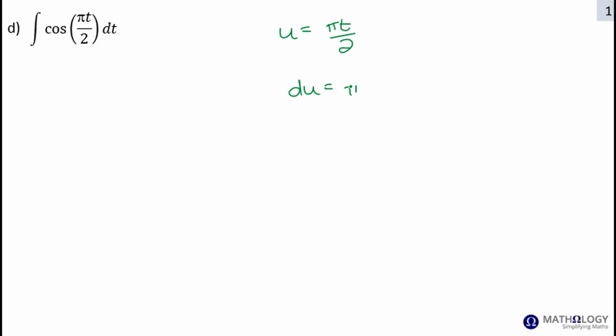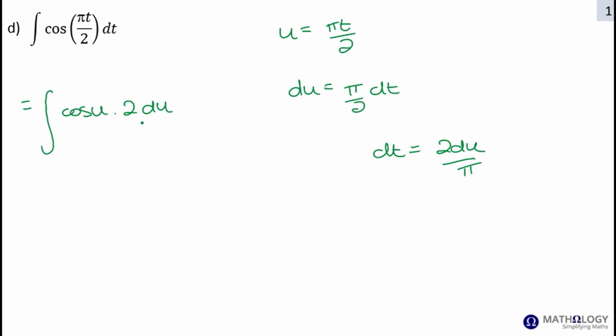So pi over 2 is a constant, and the derivative of t is 1. 1 times pi over 2 is pi over 2, so du is pi over 2 dt. So we now have the integral of cos u, and dt will be 2 du divided by pi.